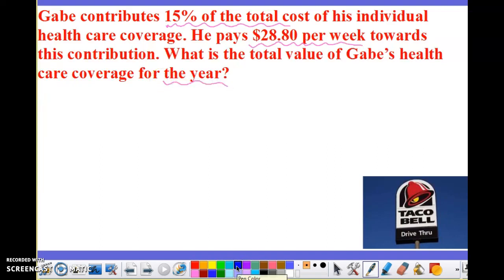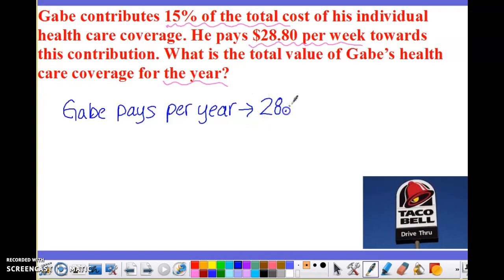So before we figure out what his total coverage costs, we want to figure out how much Gabe actually pays per year. We know how much he pays per week, so we're going to say Gabe pays per year. We've got to do a little converting. We know he pays $28.80 per week, so to convert to years, we multiply by 52, since there are 52 weeks in the year.